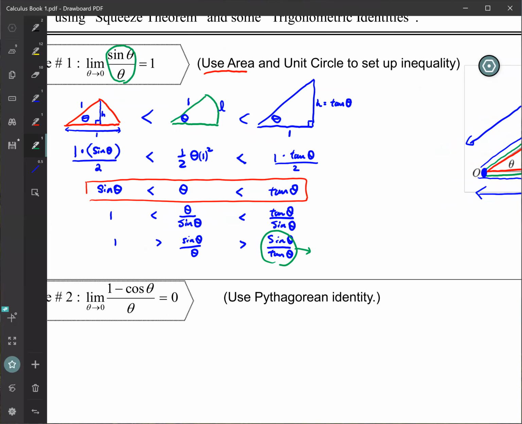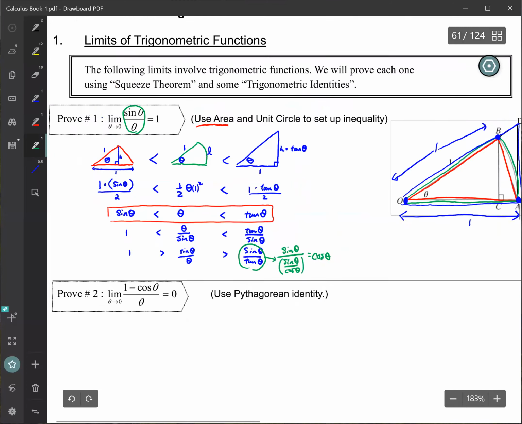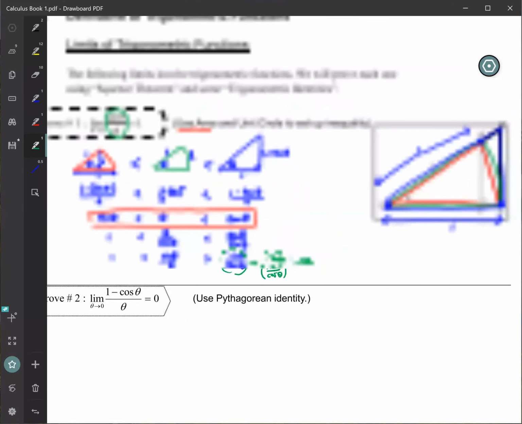Sine over cos. Okay, so I can write it as sine theta over sine over cosine, right? And that will simplify into cosine. Very good. So there you go. We got our inequality.